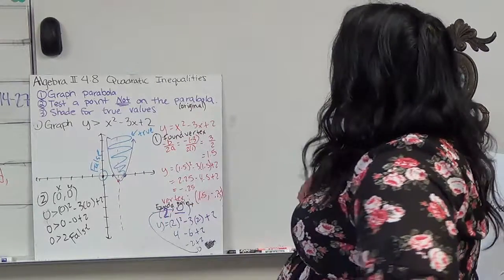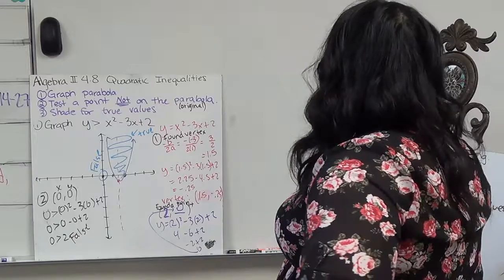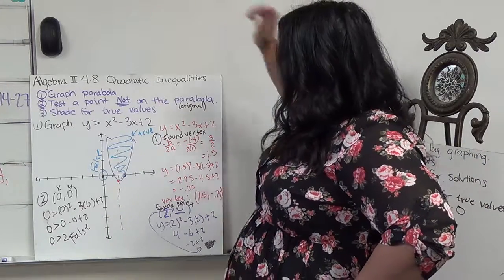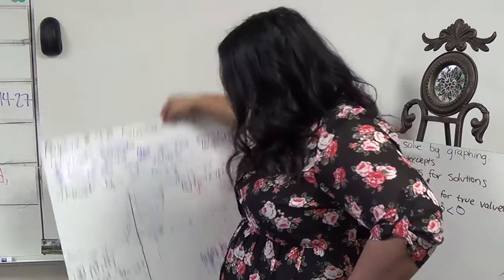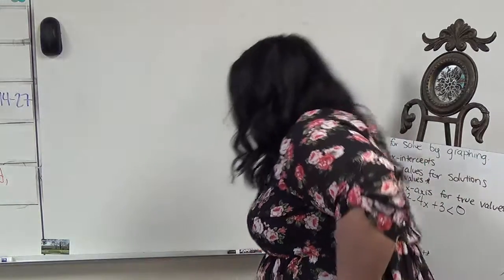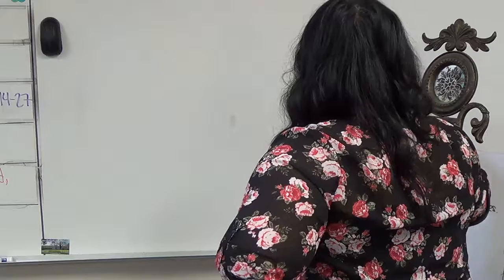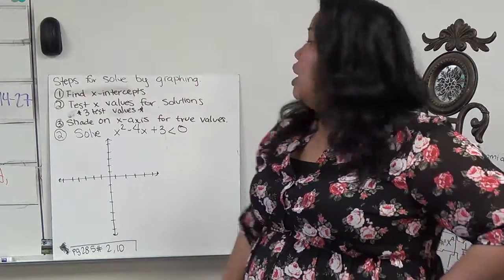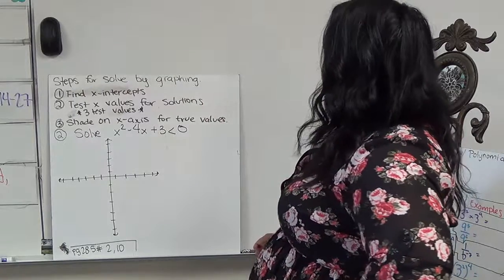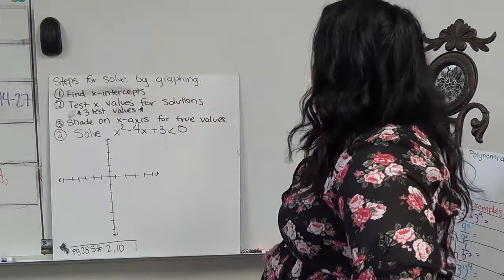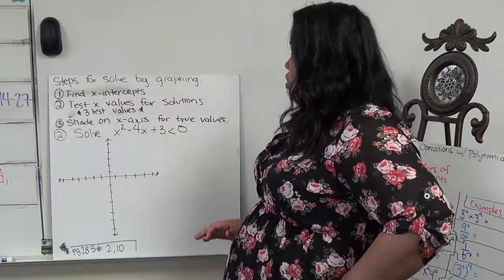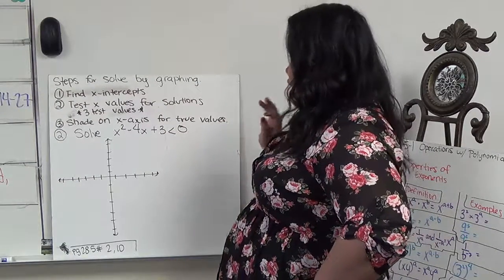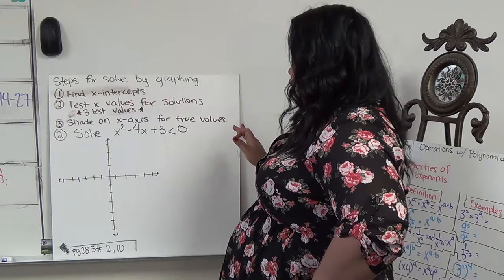We're going to now solve a quadratic inequality, and it's a bit different. The steps for solving by graphing are these: we're going to graph, find the x-intercepts, and test values for the solution.